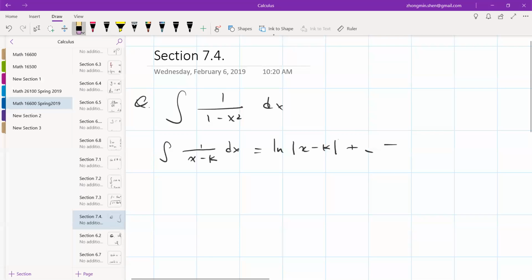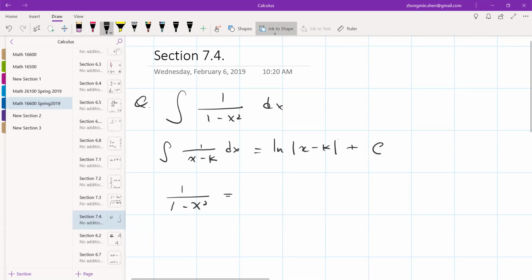That's easy, right? If you don't know how to get this, you can use substitution. You get the integral of 1 over u du, which is the natural log of the absolute value of u plus constant c. So how do we modify this?